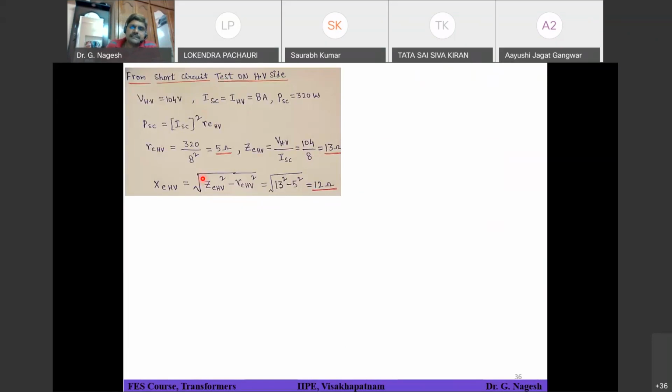You remember, approximate equivalent circuit means your shunt branch will be very close to the source. So what will be there in the equivalent circuit?